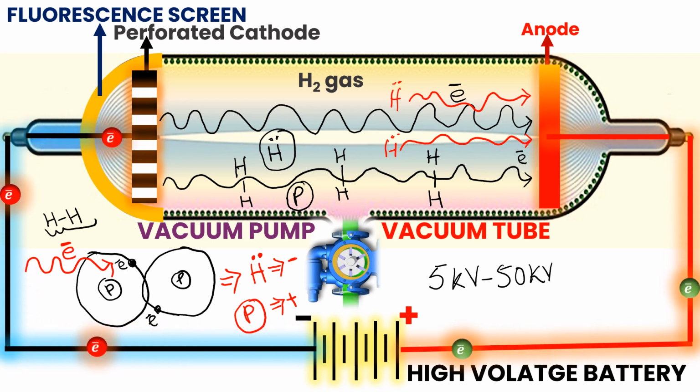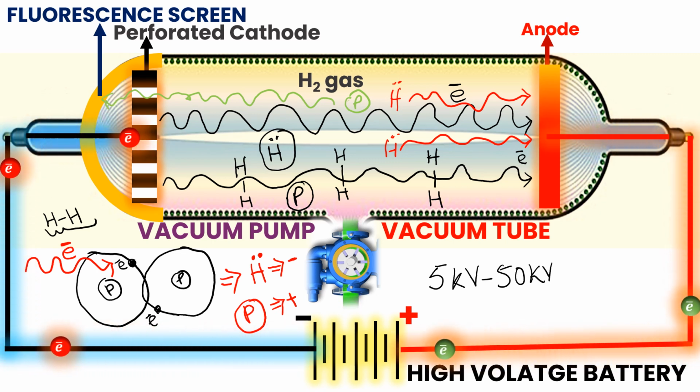Whereas the nucleus of the hydrogen atom, which is a proton, has a positive charge, so it will move toward the negatively charged cathode, and it will pass through the perforation of the cathode and cause a glow on the fluorescent screen.